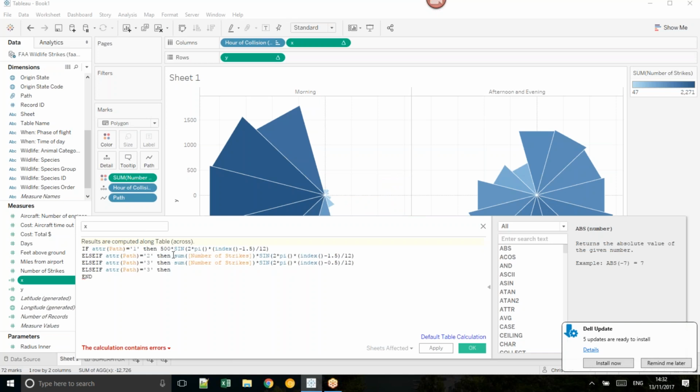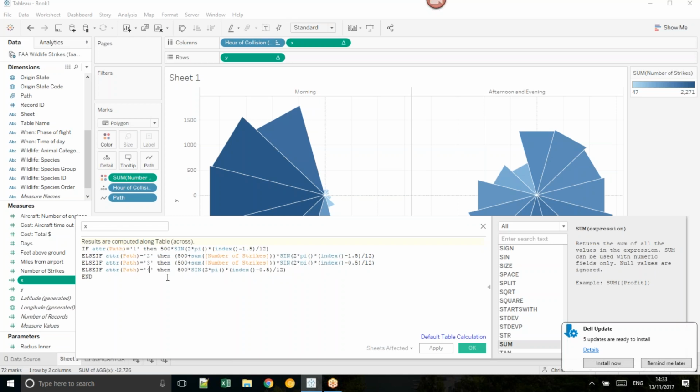Now this one, we'd like to be the length of those number of strikes, but go out as far as 500 plus the number of strikes. Remember, our circle is not starting at 0, it's starting at 500. The same goes for this one. And lastly, we want the point to come out to 500, but only as far as this line segment, the second line segment.